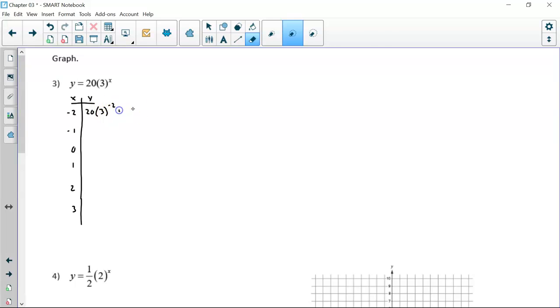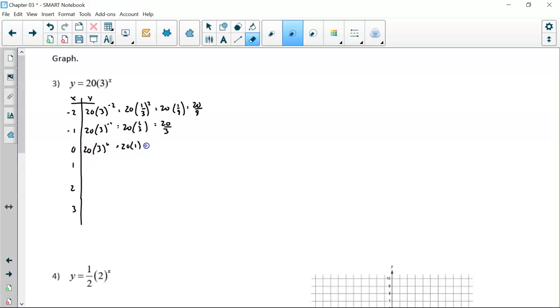Now you'll have 20 times 3 to the -2nd is 20 times 1 over 3 squared, which is 20 times 1/9, which is 20 over 9. 20 times 3 to the -1st is 20 times 1/3 to the 1st, which is 20 over 3. 20 times 3 to the 0 is 20 times 1, which is 20. 20 times 3 to the 1st is 60. 20 times 3 squared is 20 times 9, which is 180.